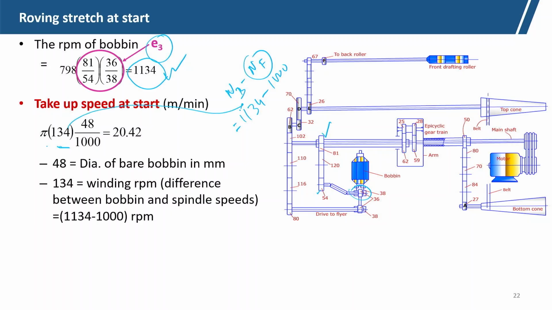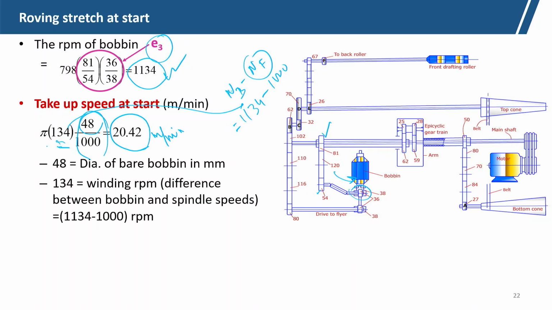Pi d, where d is the diameter; the diameter of the bare bobbin is 48 millimeter, so we are converting to meter. Now, pi d (NB minus NF), where NB minus NF is 134. That is how we get the take up speed as 20.42 meter per minute. So, this is the take up speed of the bobbin at the starting point.